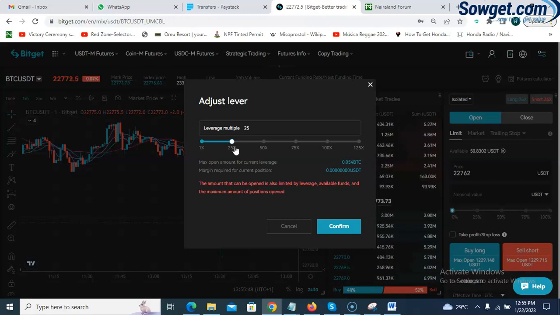If I have a leverage of 25x, it means that I'm actually trading with 10 times 25, meaning $250. That is just what leverage means, and it has its own risk. It's equal risk, equal reward. If you have the potential to make a win with that leverage, you can also have an equal percentage of losing that amount.